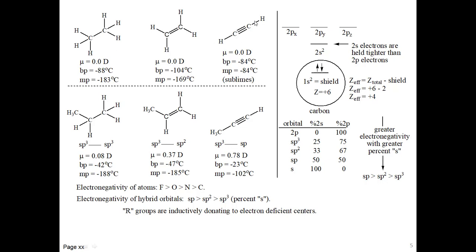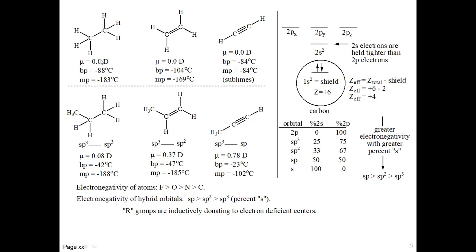Whatever the difference is here, it's opposed by this. But really, we're saying there's no polarity in these bonds. And since the only thing holding these two carbons to their neighbors is dispersion forces, same here, we expect pretty low boiling points. And they are. This is about minus 90, about minus 100, about minus 80 or so. So they all are very, very low.